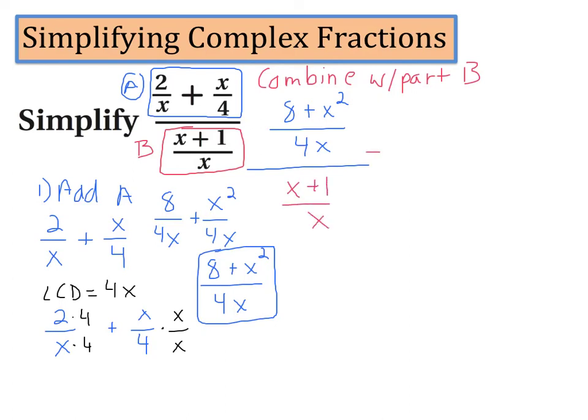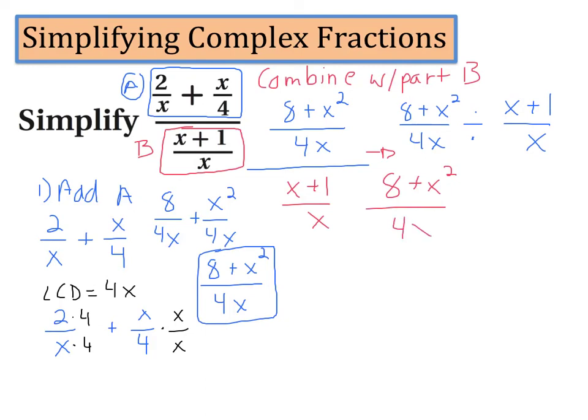Now this is the same as if I wrote this as 8 plus x squared divided by 4x divided by x plus 1 over x. Now we know that division is the reciprocal of multiplication, so I can actually write this as 8 plus x squared over 4x times x over x plus 1.